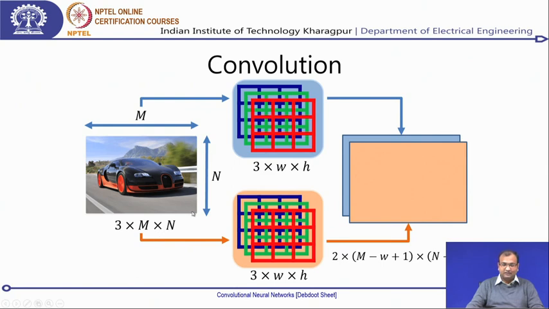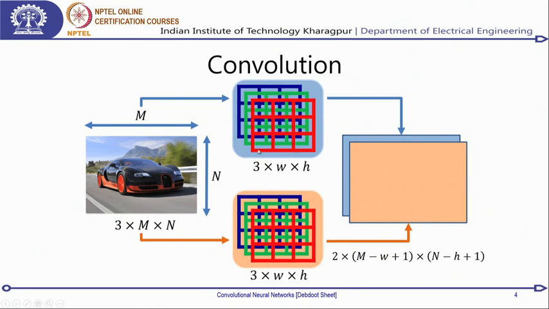Then the total number of convolutions I can take, or the number of pixels I get as output by striding along, will be m minus w plus 1, where m is the width of the image and w is the width of the kernel.